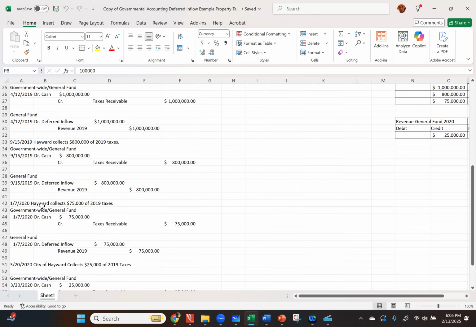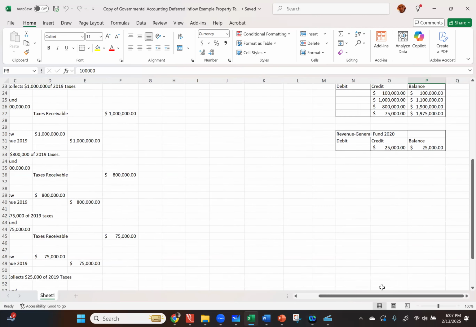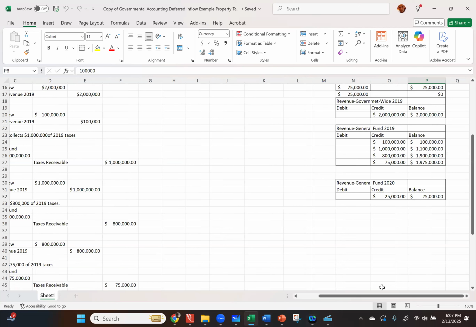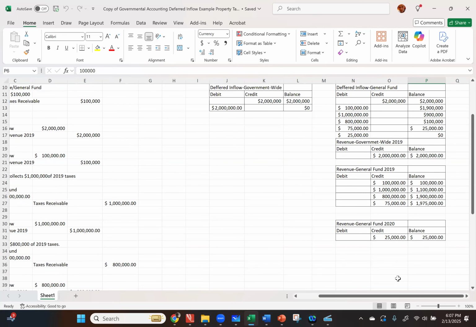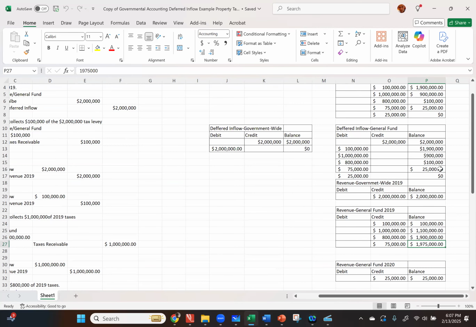We're still within the 60 days. So what do I do? I debit the deferred inflow and I still credit revenue, 2019 revenue, because even though it came in after the fiscal year, it still met the 60-day criteria. So I go ahead and I will take the revenue here and I'm up to 1,975,000. That's what I have collected up to this point.